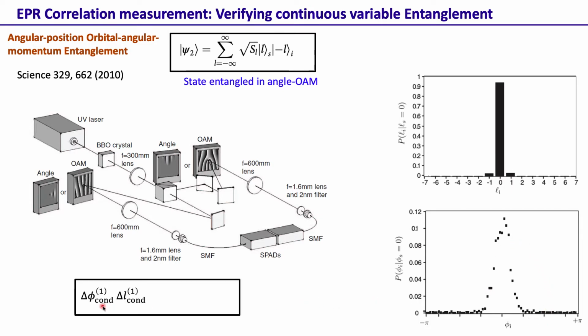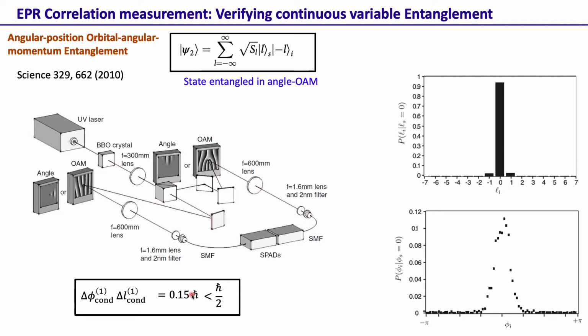And again, correspondingly we can also get the conditional uncertainty in angle times the conditional uncertainty in orbital angular momentum, and this turns out to be 0.15 h bar. Of course, this is less than h bar by 2, and this does verify entanglement in orbital angular momentum and angle variables. So this was the EPR correlation measurement in these degrees of freedom.